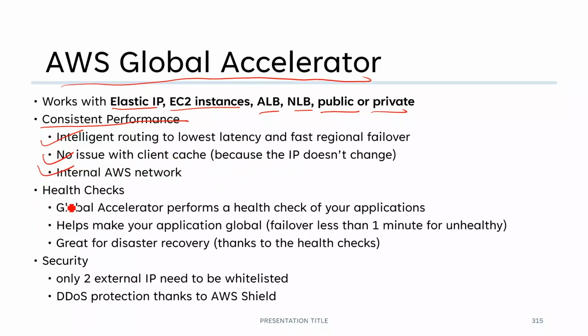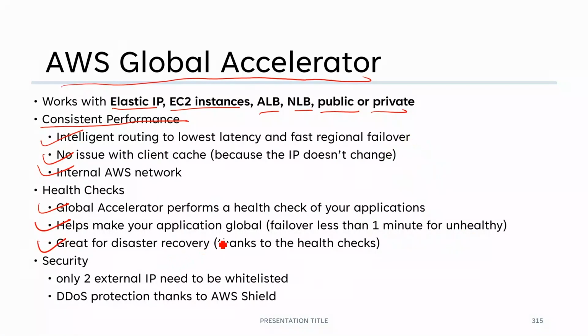Health checks are there. Global Accelerator performs a health check of your applications. You can also have an additional health check using your load balancers. So there are a lot of stages in which you can create a highly available application. It's up to you. It helps make your application global. Failover is less than 1 minute for unhealthy instances, for example.